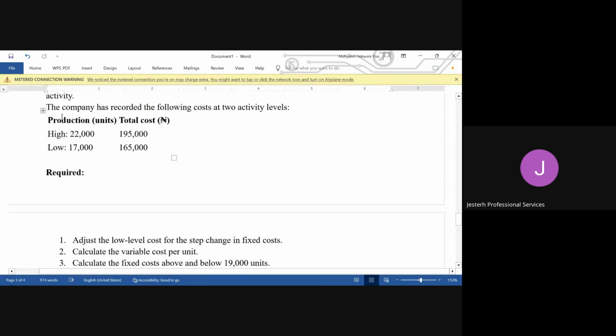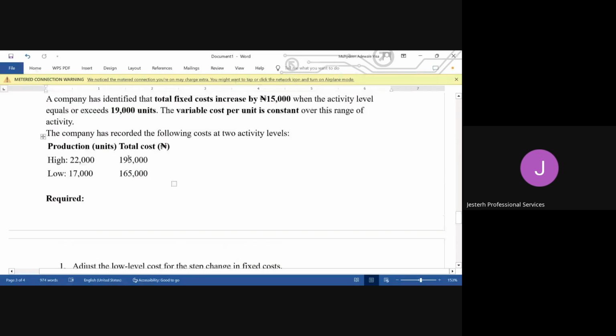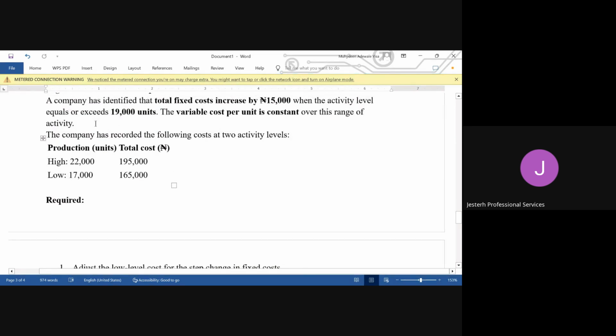I will just explain. Now, you can see in this one, the company has identified that the total fixed costs increased by 50,000 when the level of activities equals or exceeds 19,000 units. Remember, the variable cost per unit is constant over the range of the level of activities.